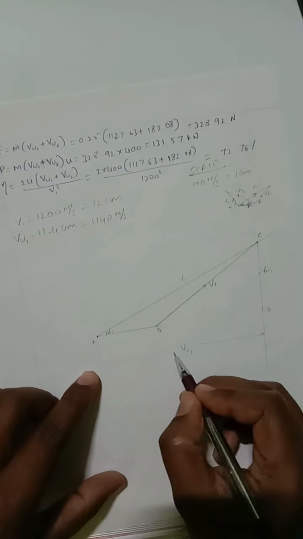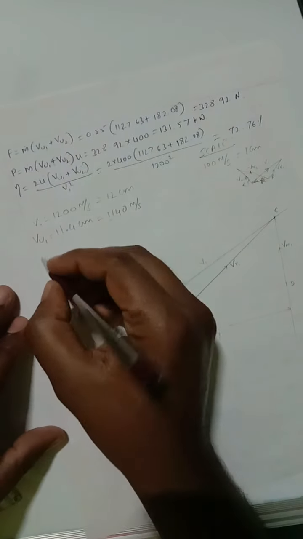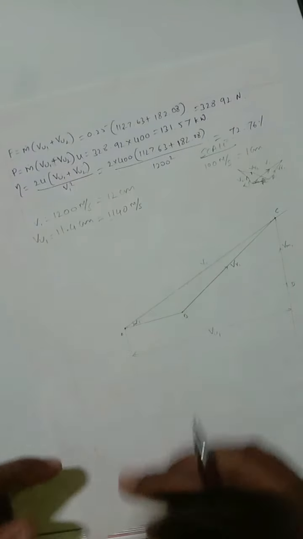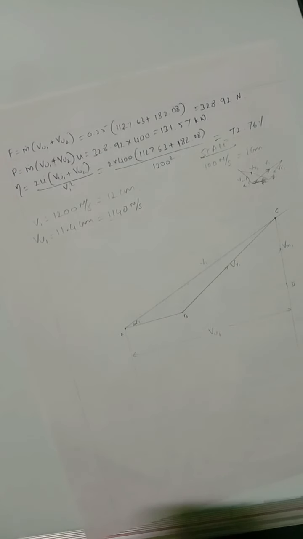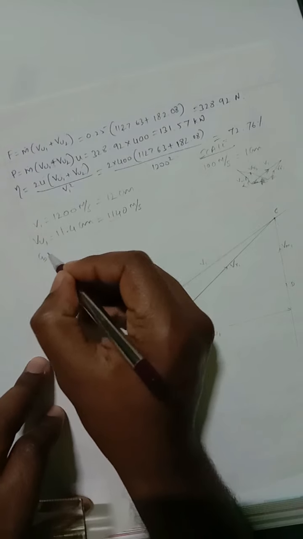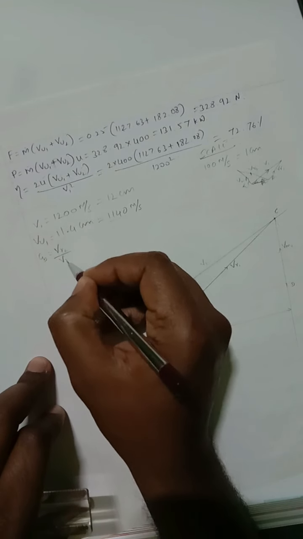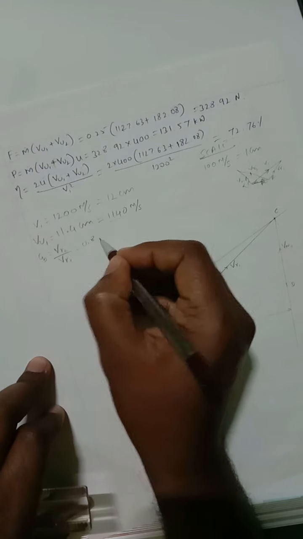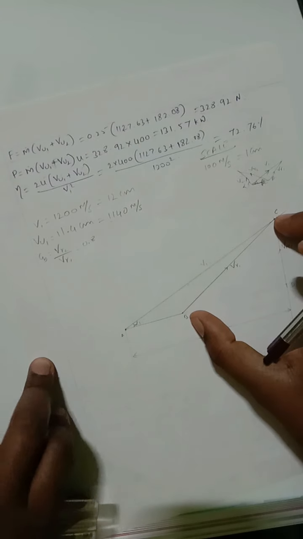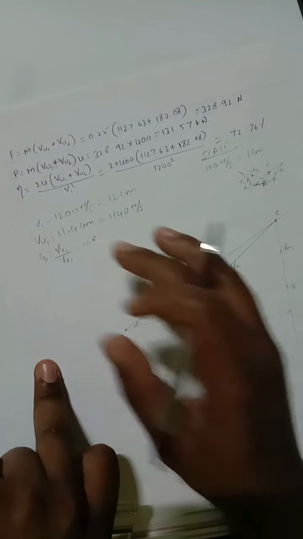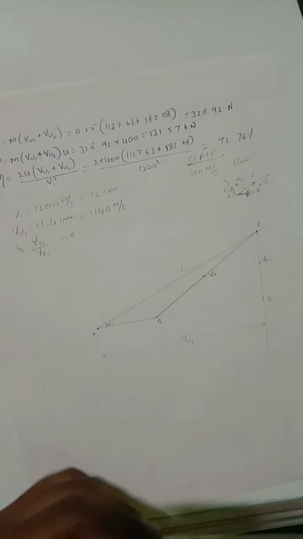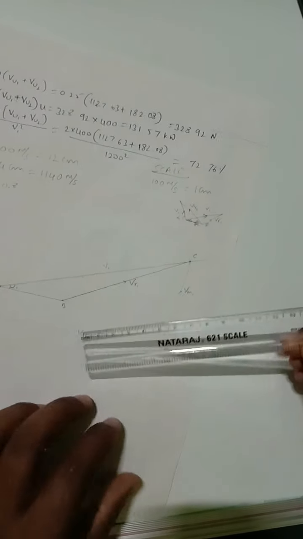Okay, and now how to draw exit velocity triangle? He has not given us any information, but he has given us ratio. VR2 by VR1 is 0.8. So I can measure VR1, substitute here, I will get VR2. How much is VR1?